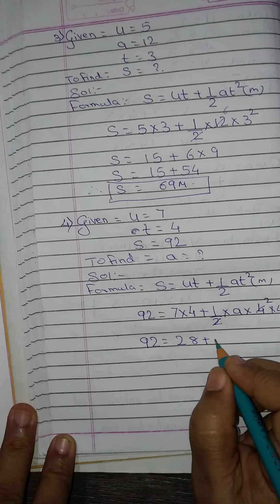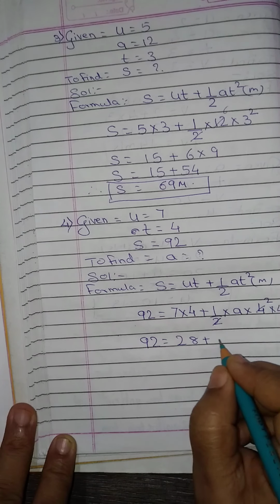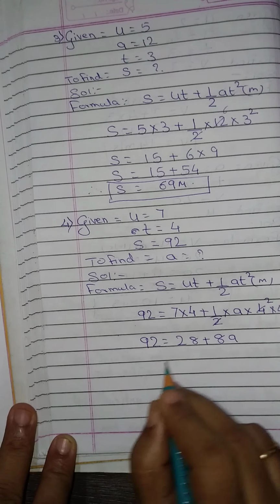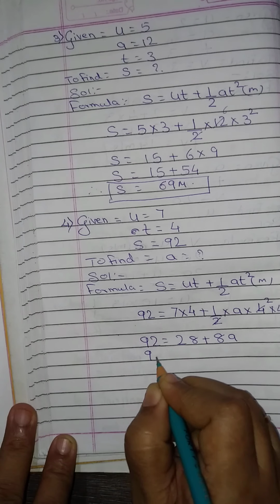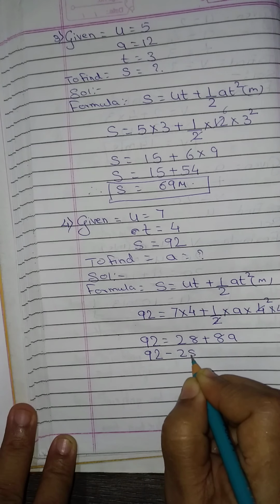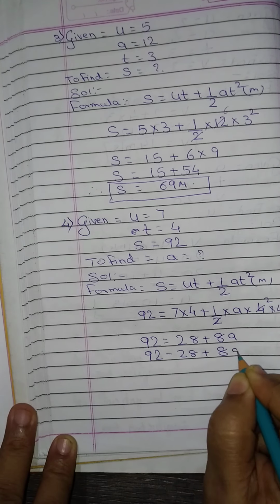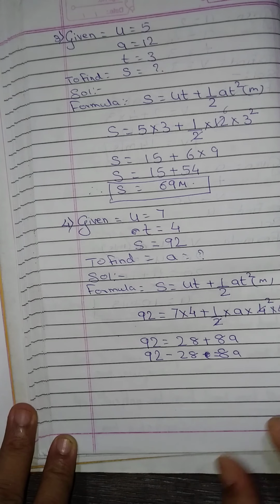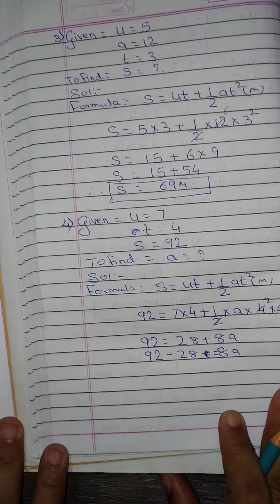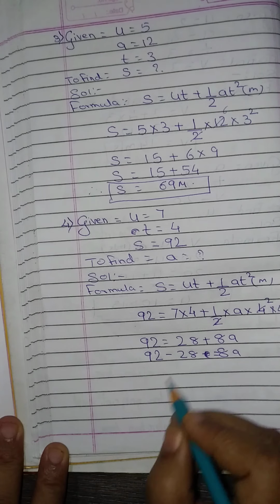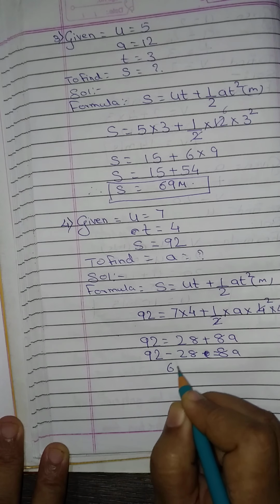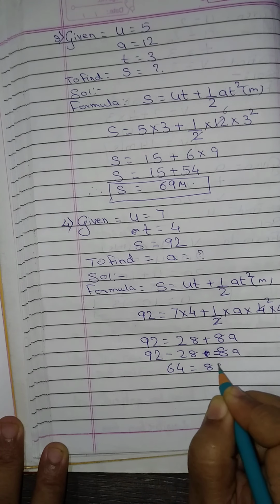Okay, so here what we get? 2 4s are 8, 8a. Now take this side. 92 minus 28 equals 8a. Got it? 92 minus 28 is 64, is equal to 8a.